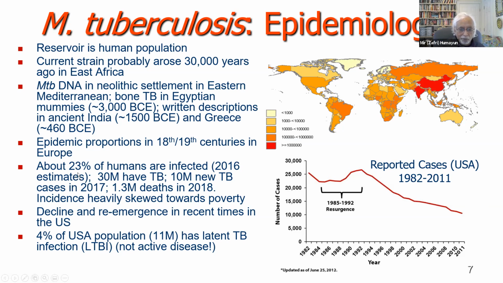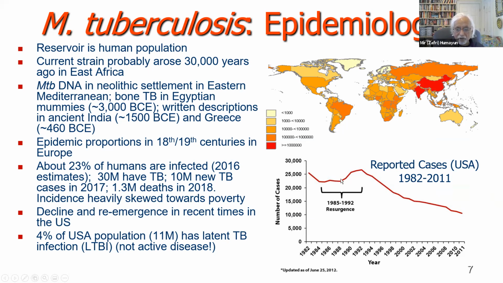nearly a quarter of humans are infected. Maybe a quarter to a third of humans are infected, and the numbers are vast. The number of people who are infected, the number of people who have active TB, the number of deaths, all of those are big numbers. In the United States, the graph at the bottom right shows there has been a gradual decline beginning at the start of the century until about 1980, into the 1980s.